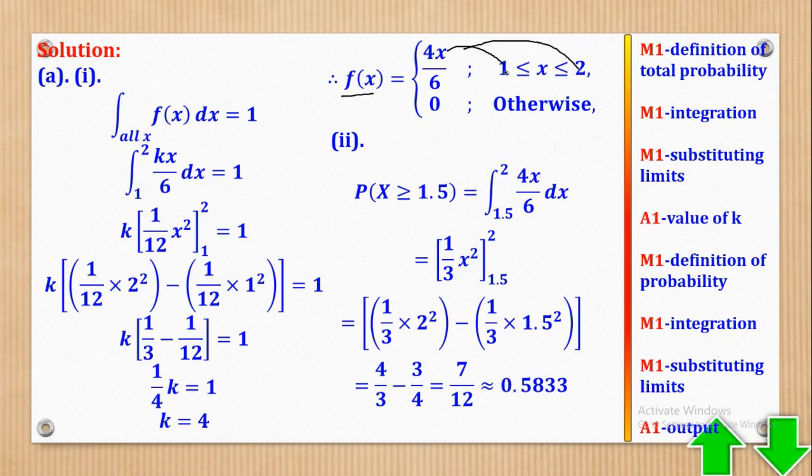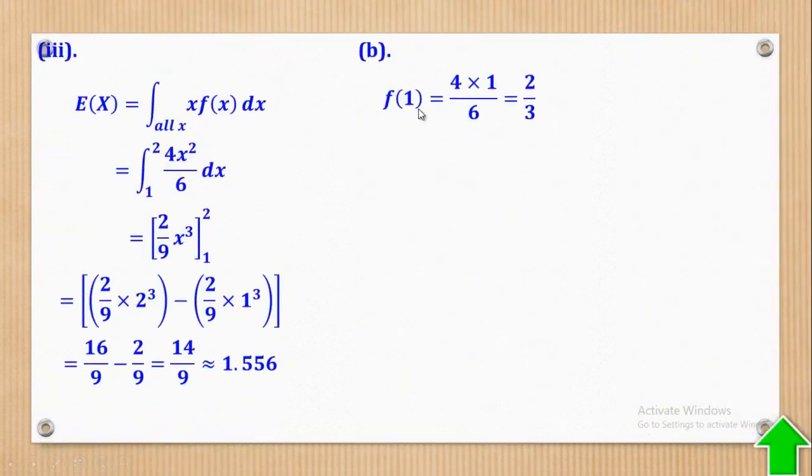Now when x is 1, it means we put 1 here to come up with 4 times 1 over 6. And when x is 2, it means that you push 2 here to come up with 4 times 2 over 6. So that is where this is coming from. Here f1 is 4 times 1 over 6 and f2 is 4 times 2 over 6.